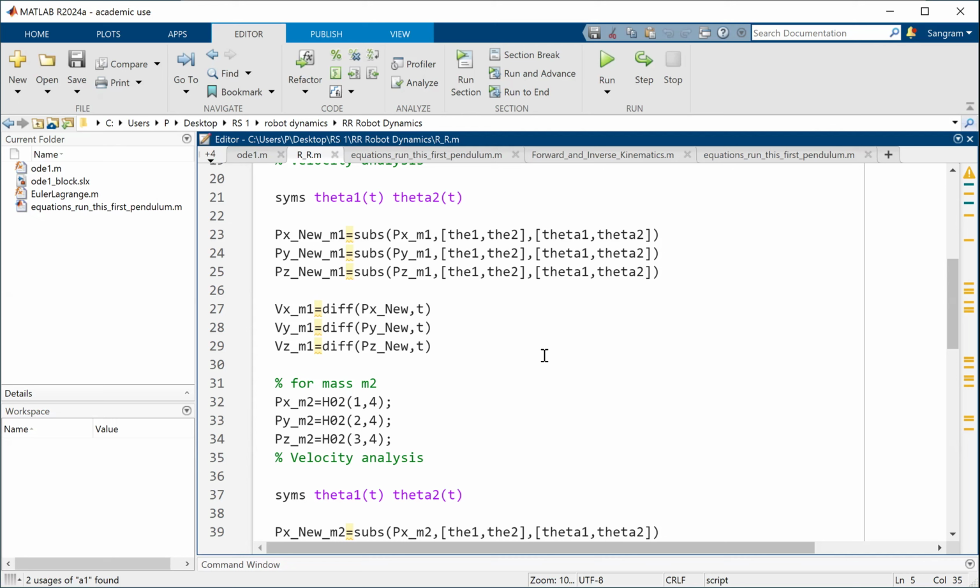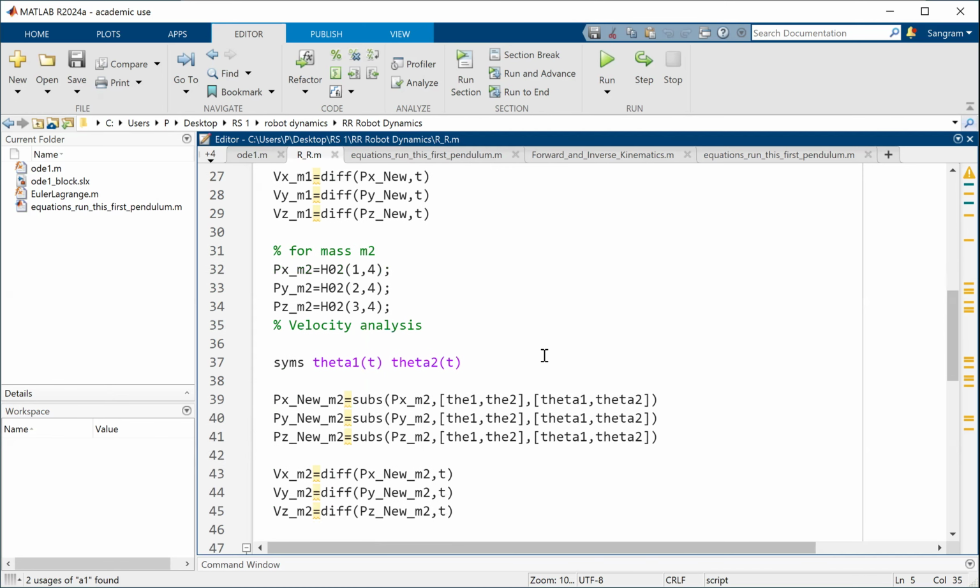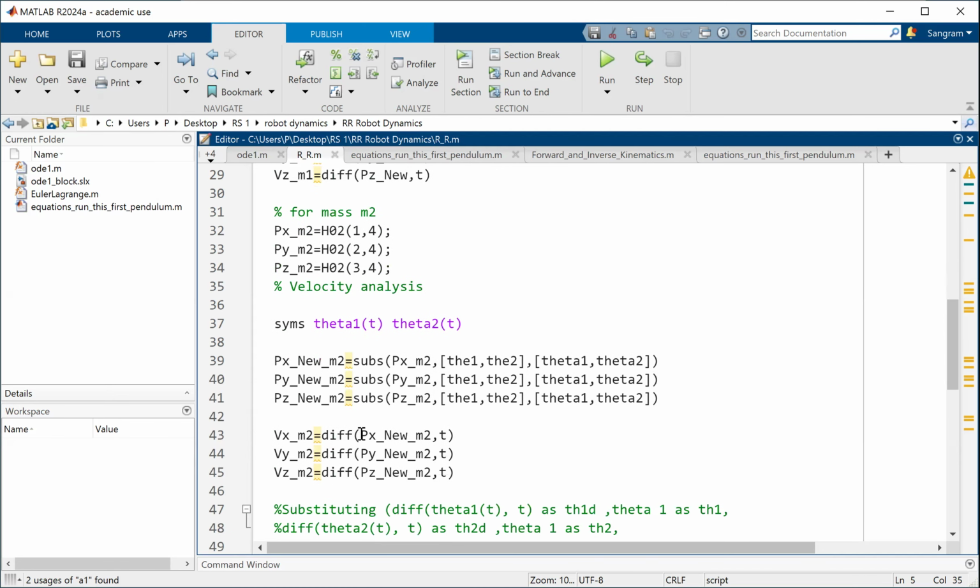The next step, I again replace theta 1 and theta 2 as a function of time in my X, Y, and Z equations for mass M2. Everyone understood this? So now I can take the derivatives, which is shown over here.